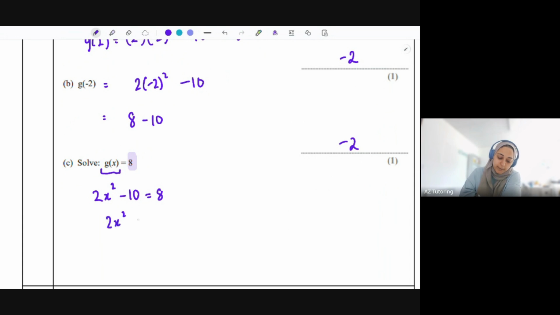So 2x squared equals 8 add 10, which is 18. Let's divide by 2 to get x by itself. 18 divided by 2 is 9. And x just equals the square root of 9, which is plus or minus 3. So that's our answer. Make sure you write both the positive and negative answer. Remember, 3 squared is 9, but minus 3 squared is also 9.